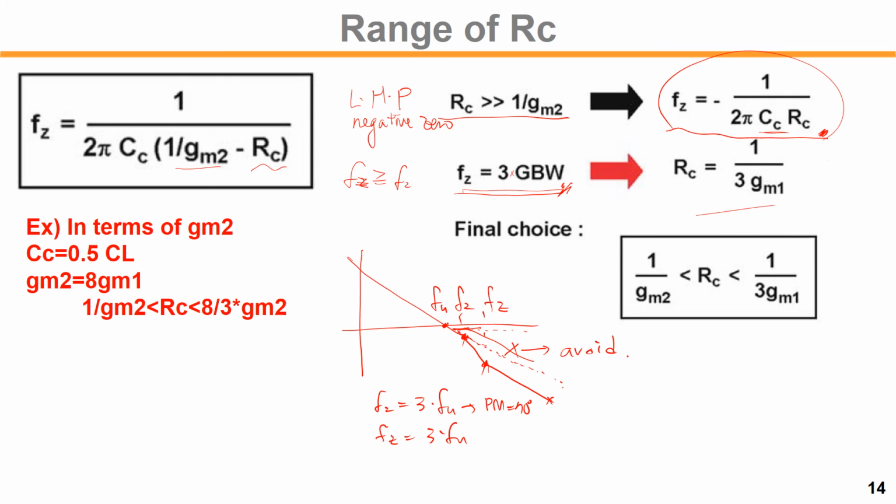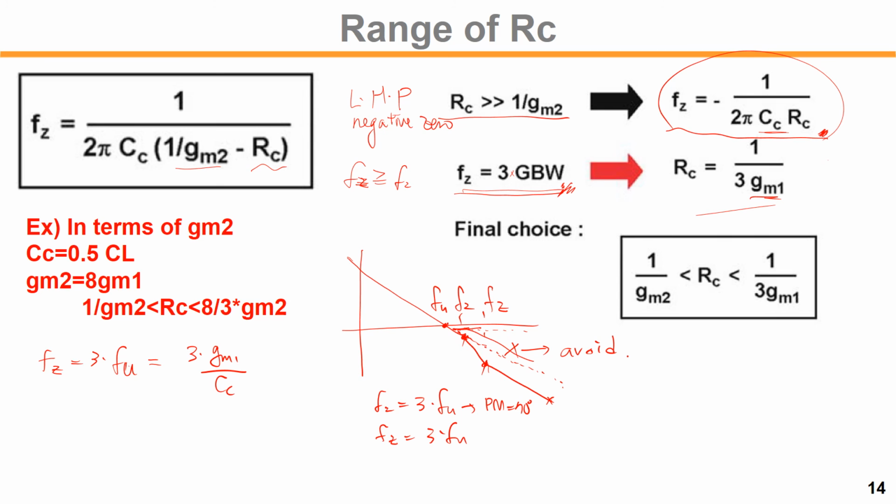So for that case, what would be the GM? If F2, FG, is 3 times F1, that means 3 times FU, that means 3 times GM1 over CC, right?